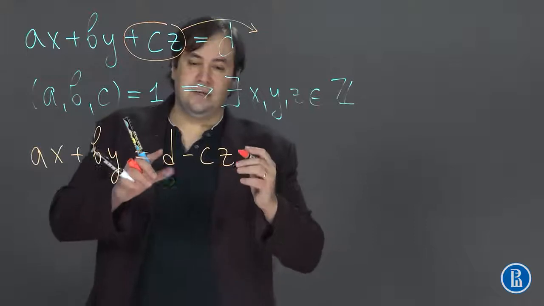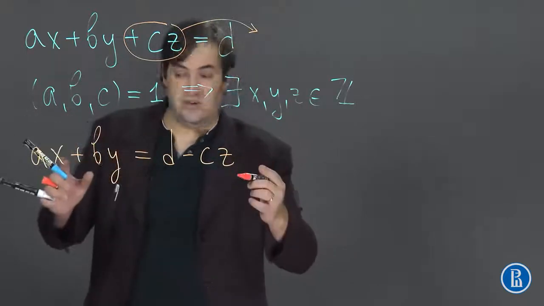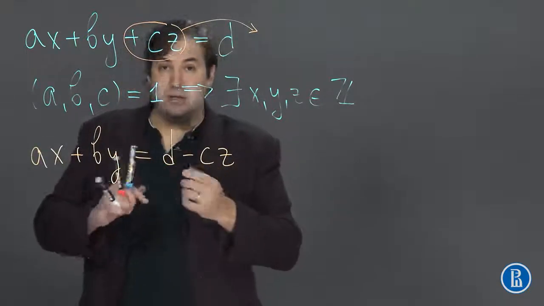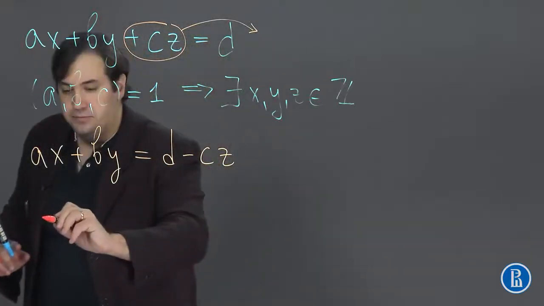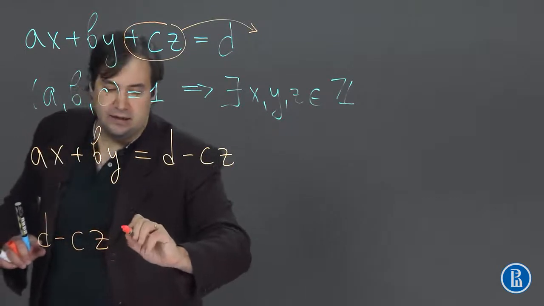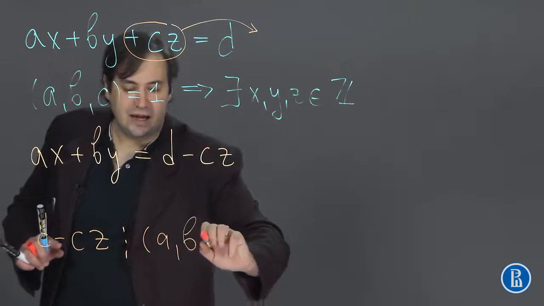Here we refer to z as a parameter of an equation. We know that this equation will have a solution if and only if d minus cz is divisible by the greatest common divisor of a and b.